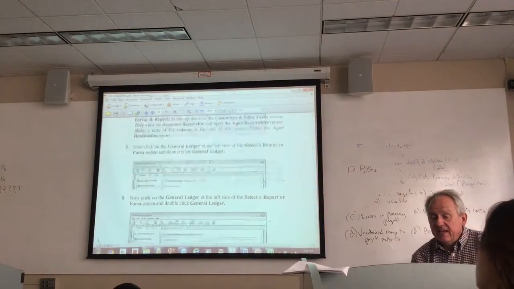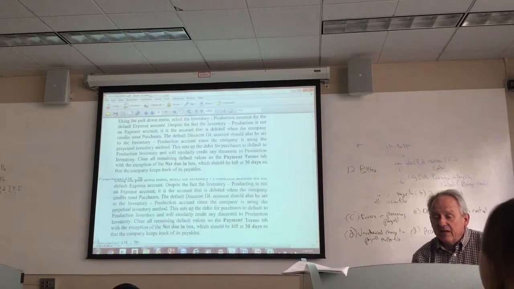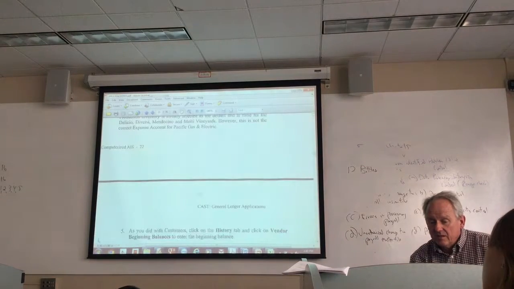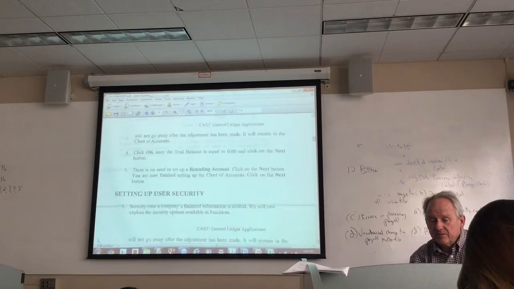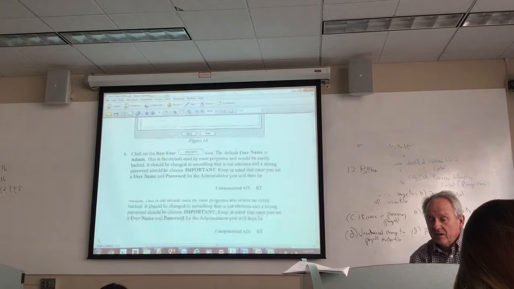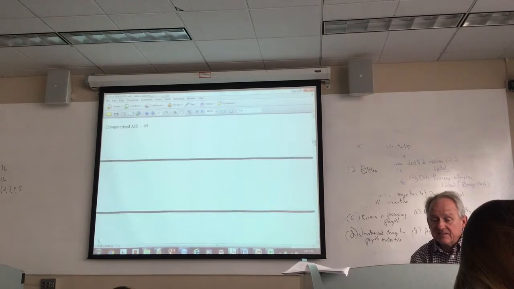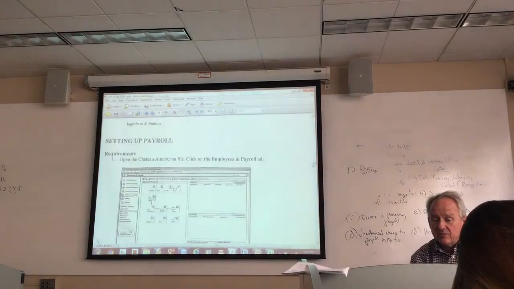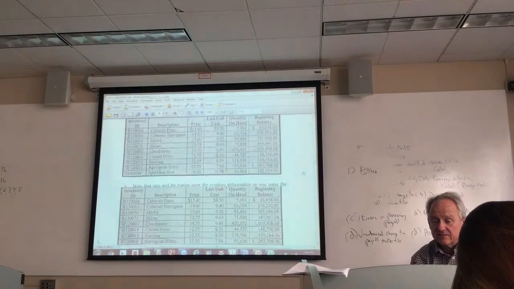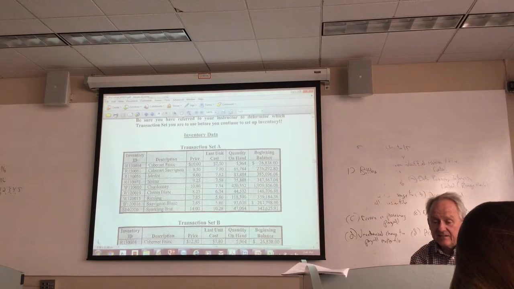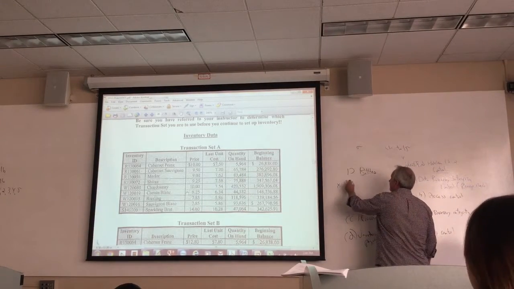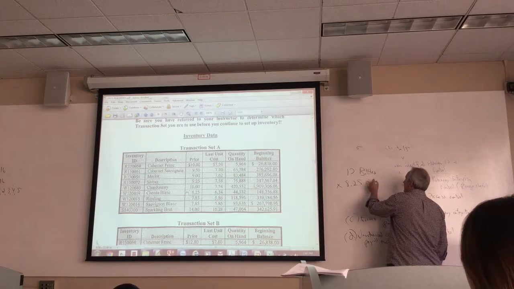In transaction set A, the selling price of Chenin Blanc is $8.25 or so. Okay, so inventory transaction set A, if you find the price of Chenin Blanc, it should be $8.25. So 12 bottles times $8.25 per bottle.